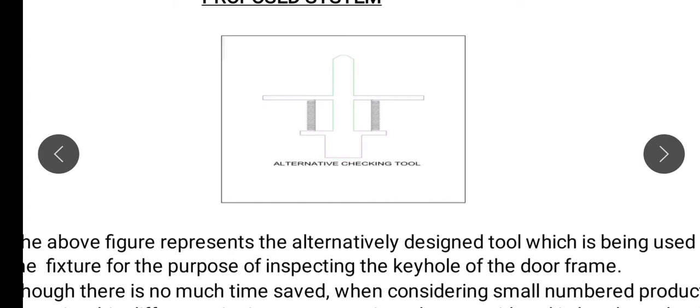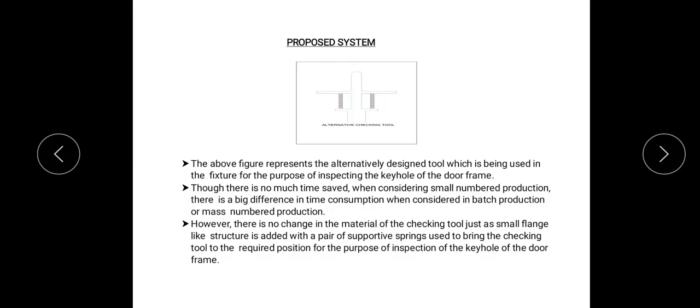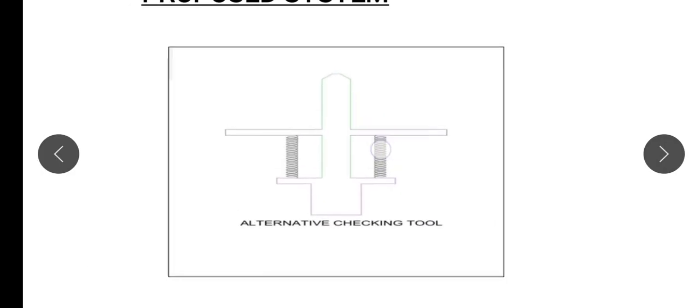Later, it was fitted with two small springs of low tension, which were fixed to the fixture. When placing or removing the job, the groove would help in easy fixing and removing of the job. The spring helps in easy expansion and rotation of the tool.